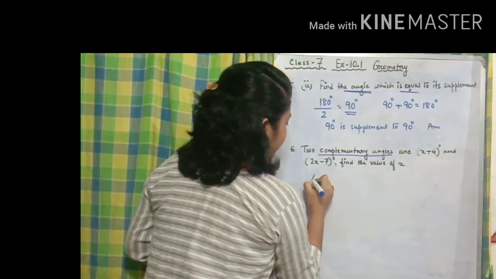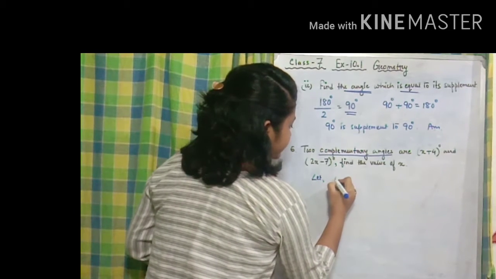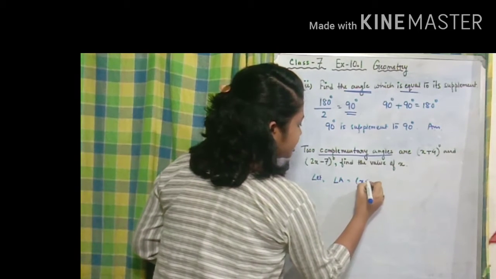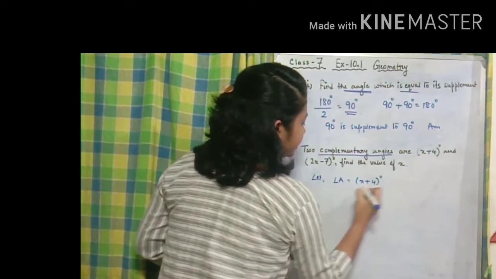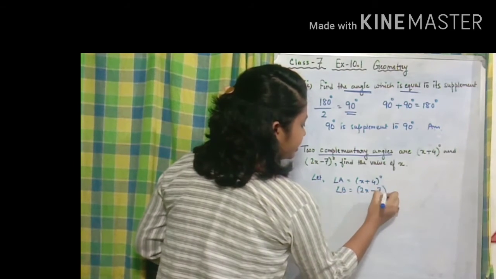Therefore, let's say angle A equals x plus 4 degree, angle B equals 2x minus 7 degree.